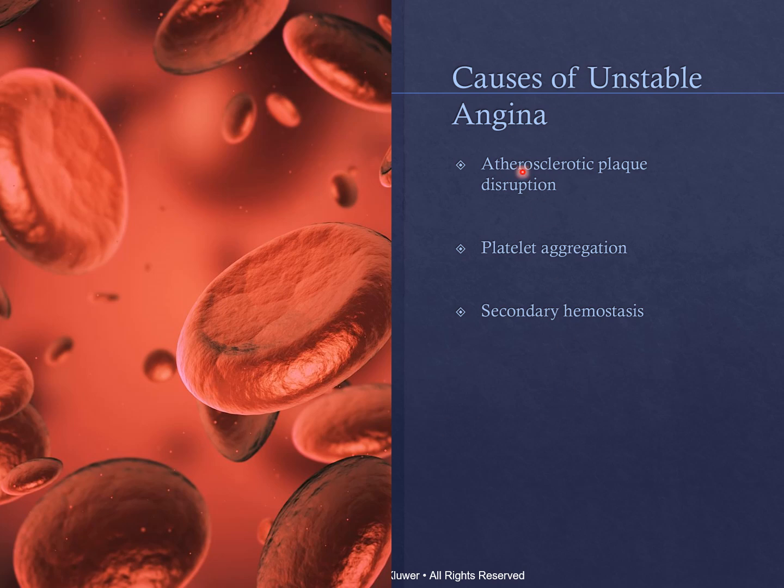And again, this is why many times stable angina is a sort of warning sign for the potential of unstable angina and ACS. Because if we have plaque disruption of a stable plaque, now we're moving forward in that cascade.